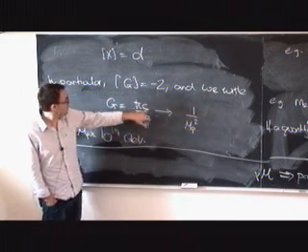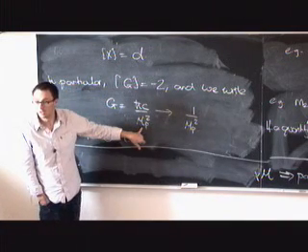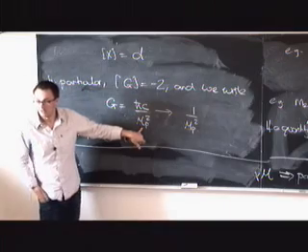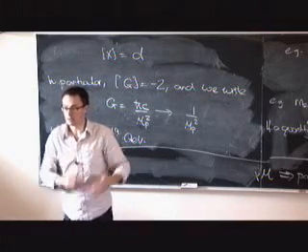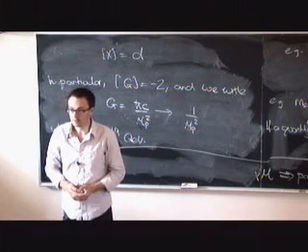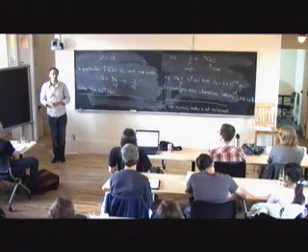So after you've set h bar equal to 1, Newton's constant defines for you an energy scale or a mass scale. Energy scale is the same as a mass scale because E equals mc squared, but c is 1, so it's the less catchy E equals m. Yeah. Other questions?